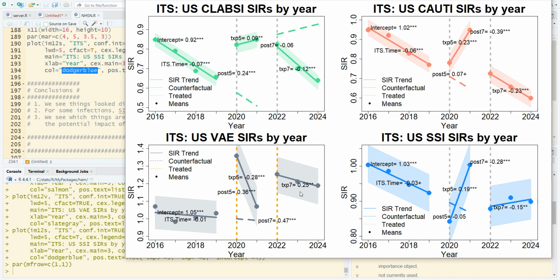But we can also use these causal models to show that we're seeing a lot of trends just dropping off in the middle periods. For example, VAE, and not really with infections as much, but other types of stay I've seen where we have this steep drop off in 2020 and 2021, and then it may suggest that we had a big improvement in 2022, but we may, because we did a pre and post test, and it's sort of like running downhill.